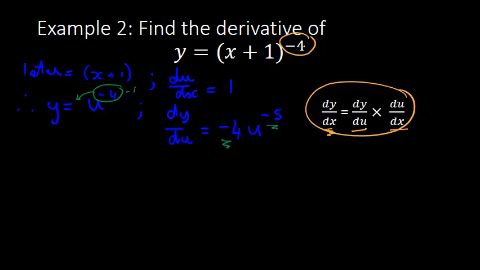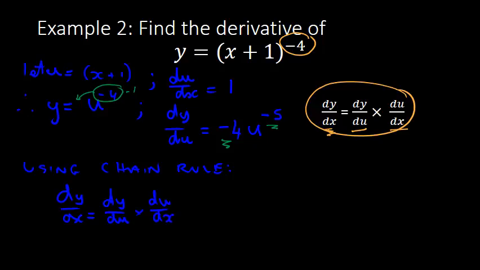So we put this together using the chain rule. We will find that the process should be relatively straightforward. dy dx is going to be the derivative of y with respect to u times the derivative of u with respect to x.